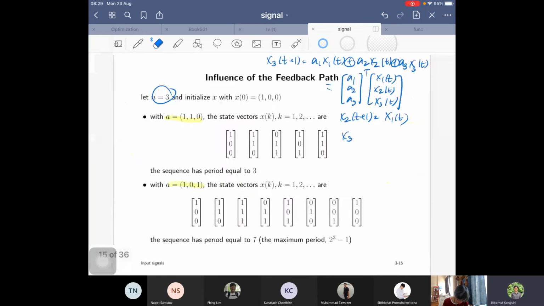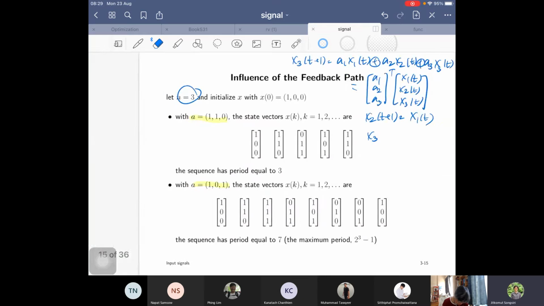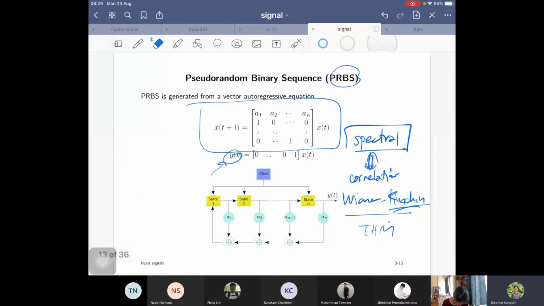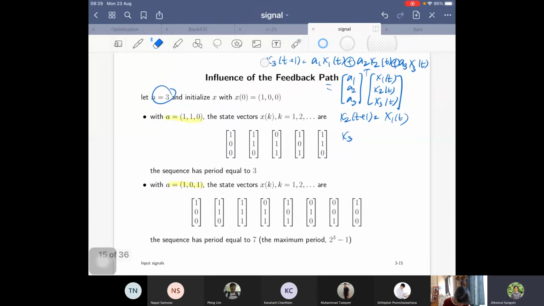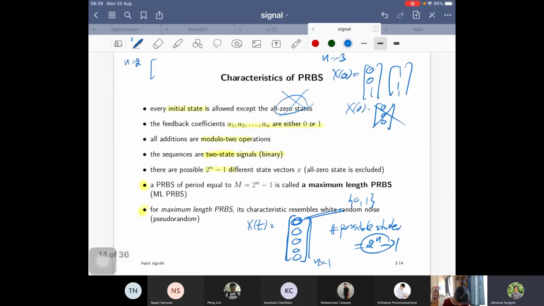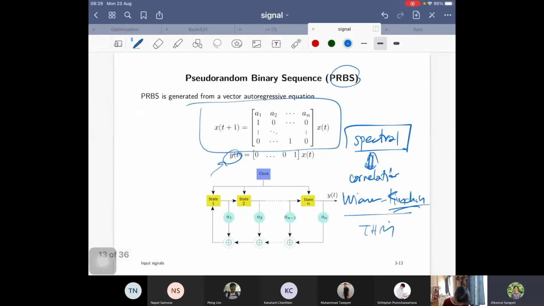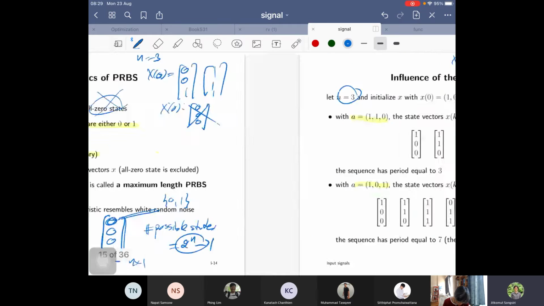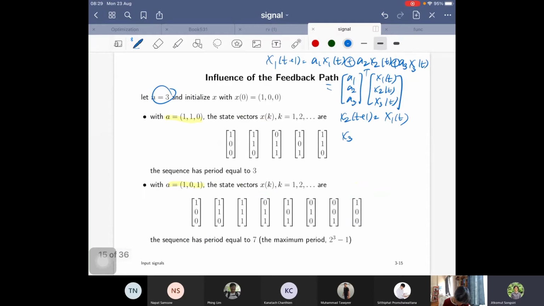Oh, I think I messed it up. Did I write the equation correctly? The first one is supposed to be x1, this is x1, this is x2. This is the first equation, it's supposed to be x1, and x2(t+1) is equal to x1(t), right?